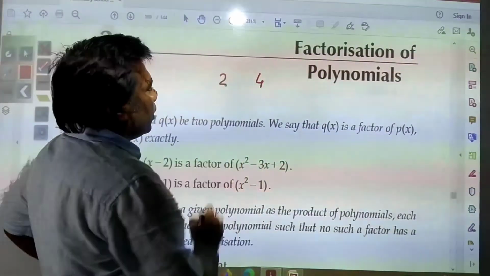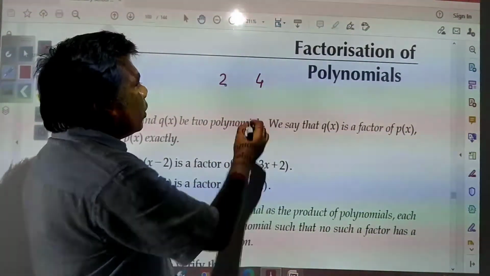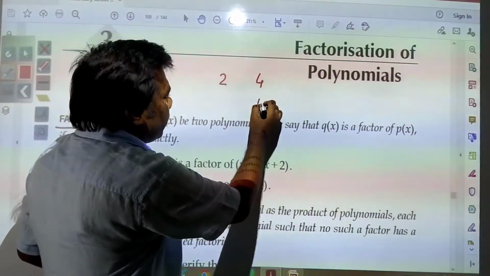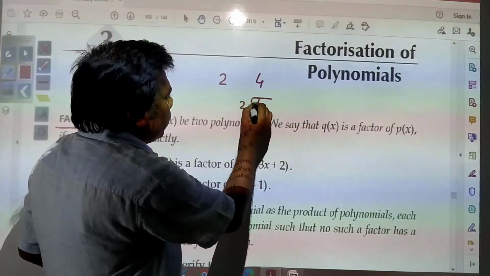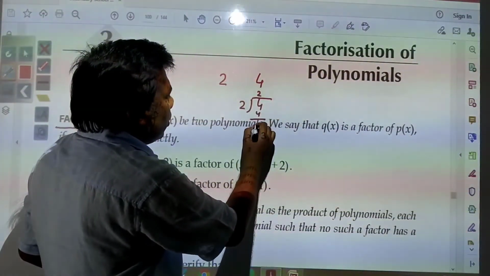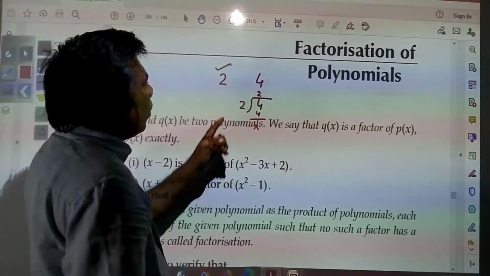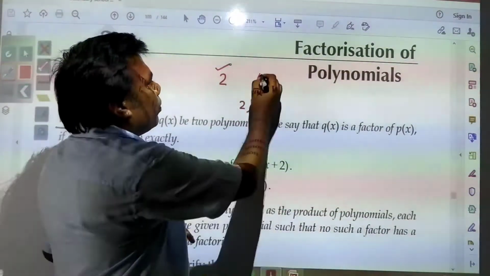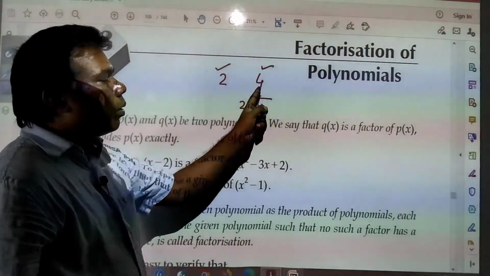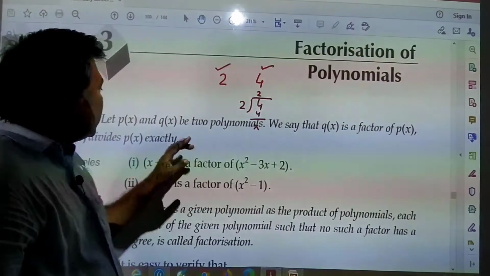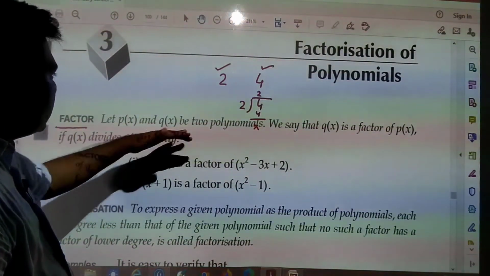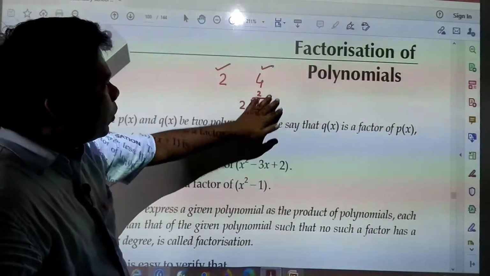If 4 is getting divided by 2 exactly, then this 2 will be called a factor of 4. In the same way, I made you understand in a very simple way.